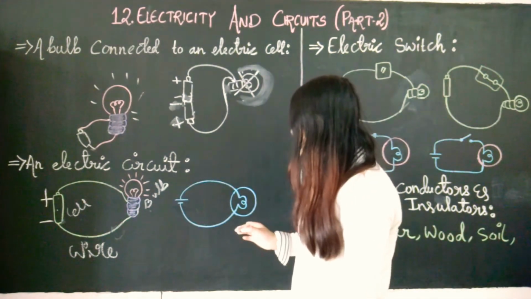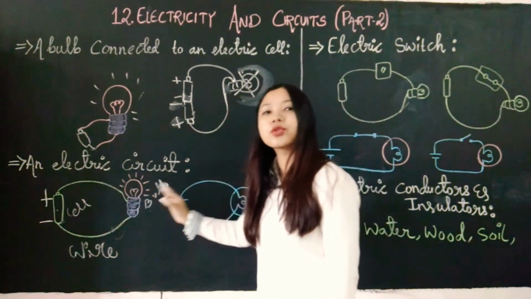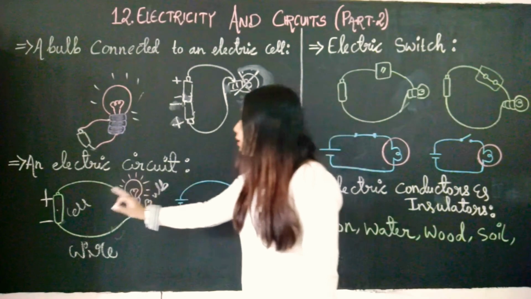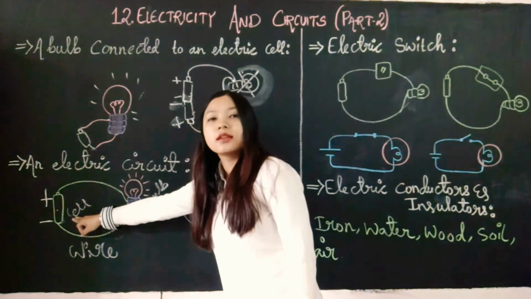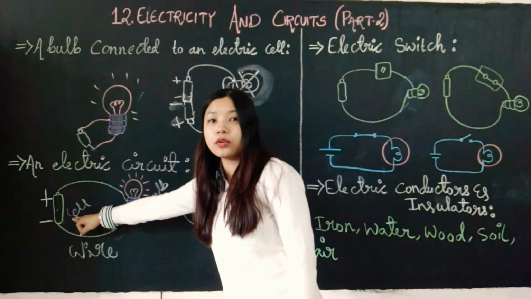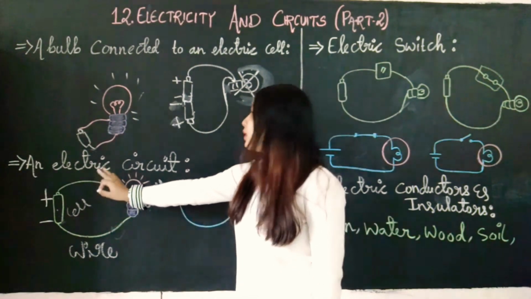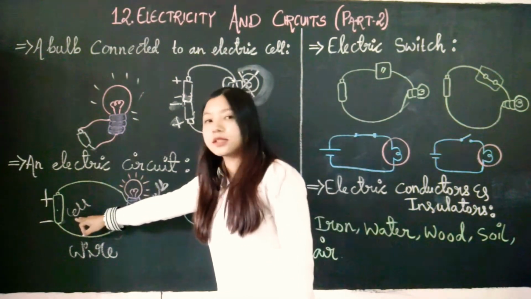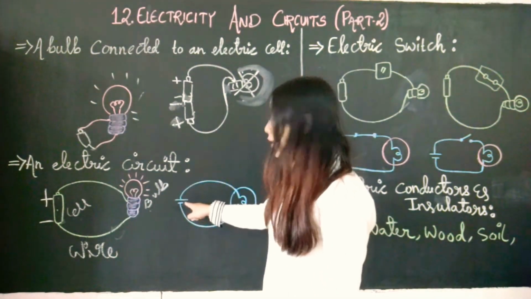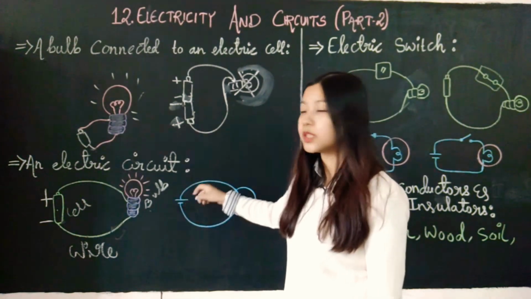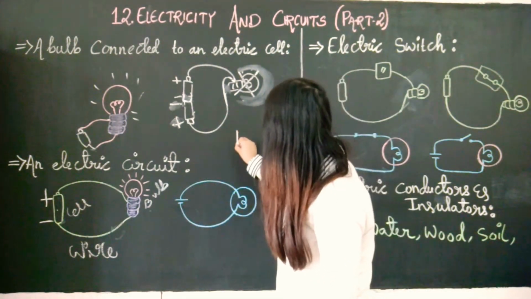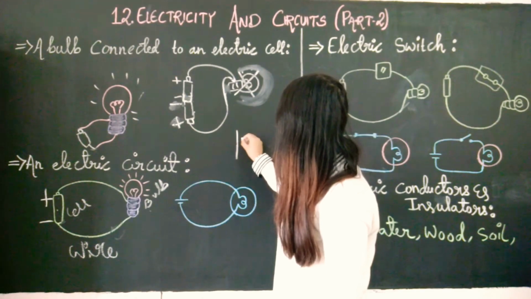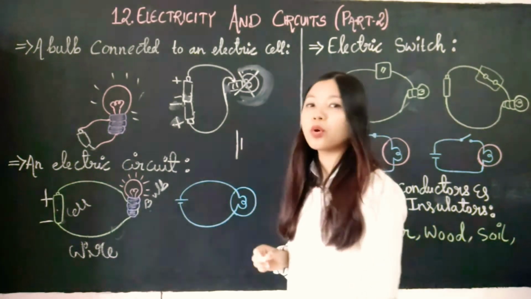Okay. Now, how to draw this? The electric diagram of an electric cell is like this. We have discussed this also in the previous video. The positive side will be the longer one and the negative side will be the shorter one.